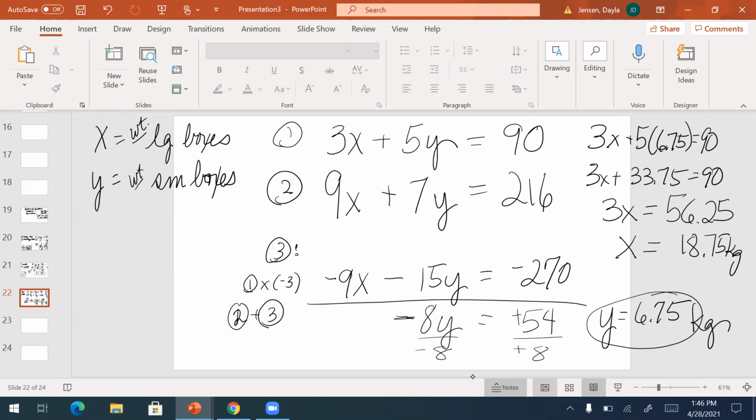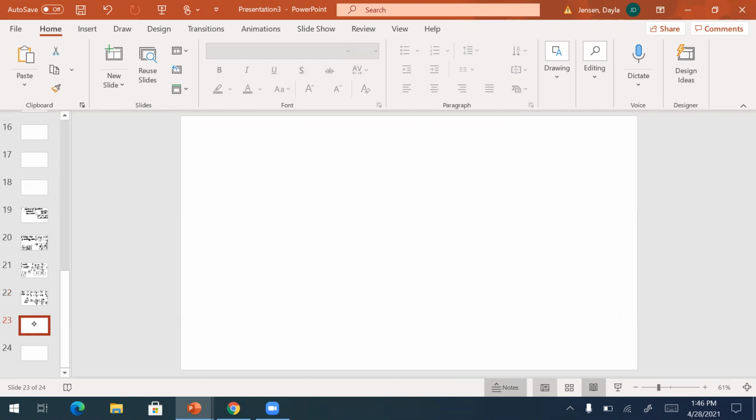So when you're dealing with equations of this form, ax plus by equals c, in this case, we were lucky that I only had to multiply one equation by a number to eliminate. Sometimes you have to multiply both equations. We did that the other day. You had to multiply both equations by a number in order to eliminate a variable.